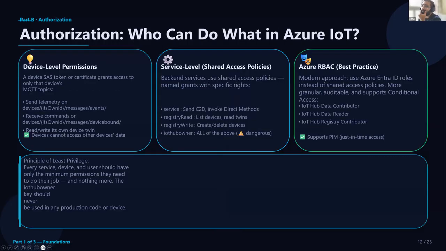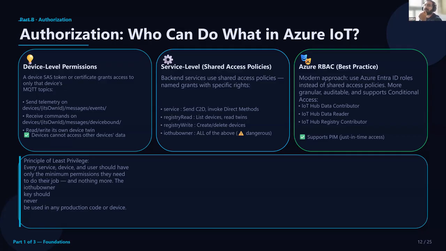Then authorization, which is one of the important parts. Who can do what in Azure IoT? Authentication tells you who a device is, but authorization tells you what it is allowed to do. These are two very separate controls, and many teams conflate them.